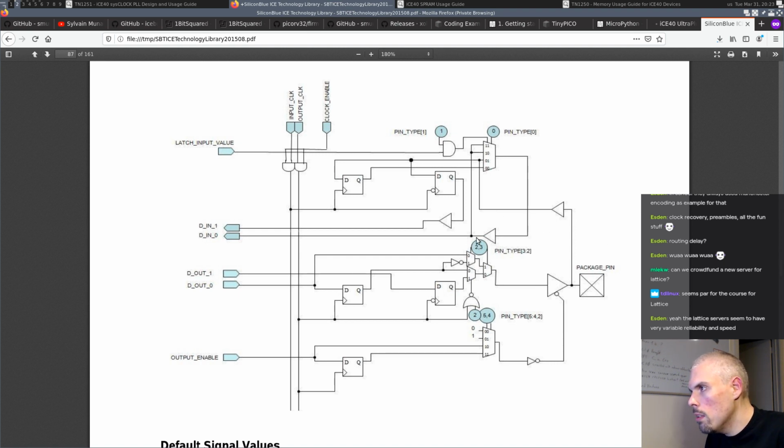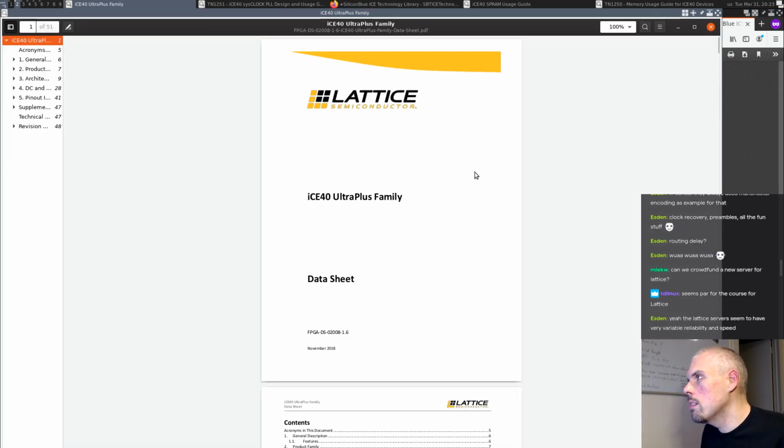Wait, is there a loop in that schematic? Oh wait, no, never mind. You can actually create a loop, but then this goes to those two flip-flops. And you have the same for the output. You have these two flip-flops because you can act on the rising and falling edge for DDR things.